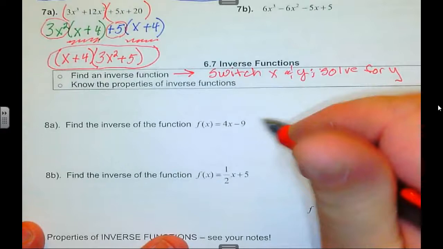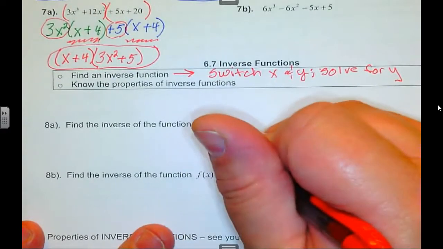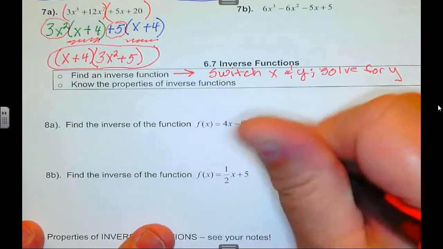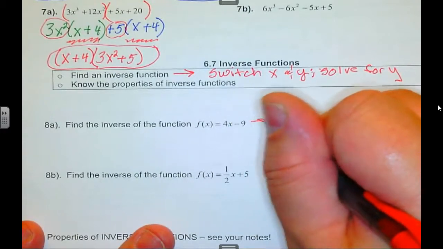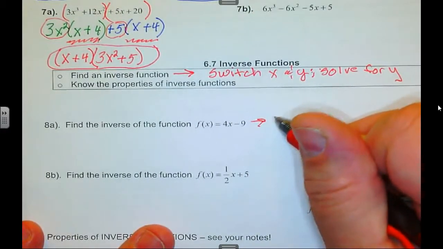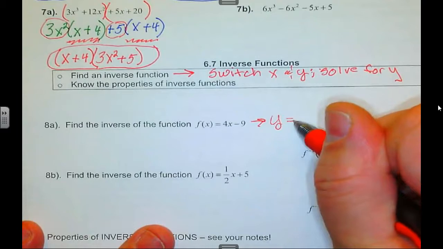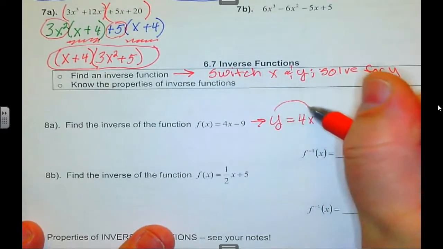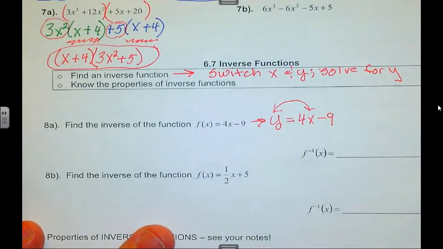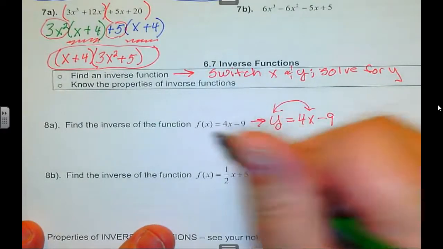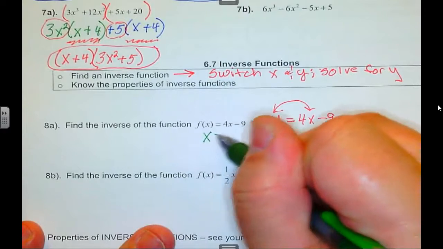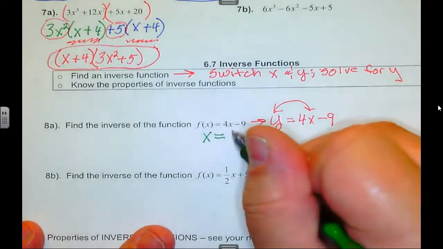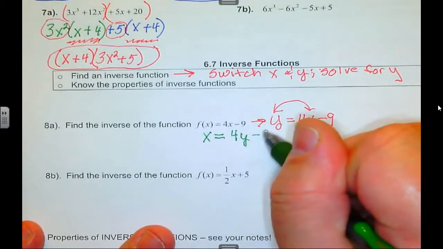Okay, if you want to, I would rewrite this and replace the f of x with y. Then I'm going to switch the x and the y. So I get x equals 4y minus 9.